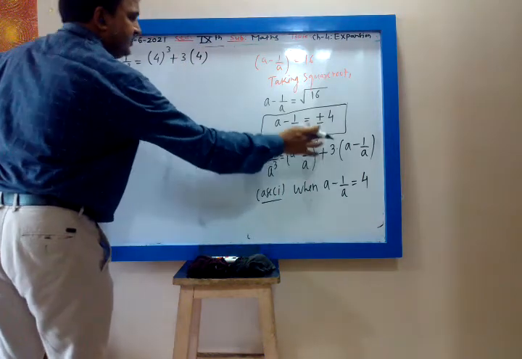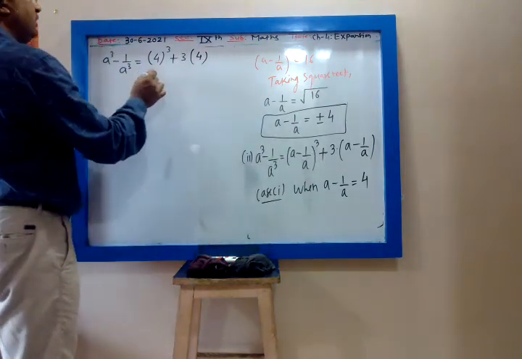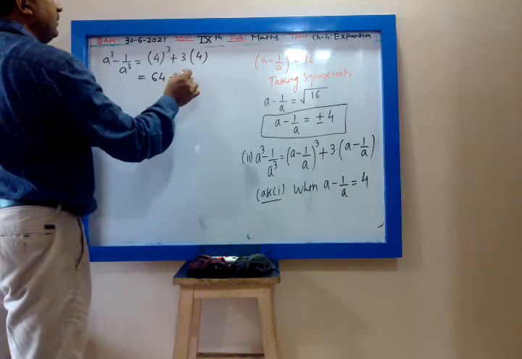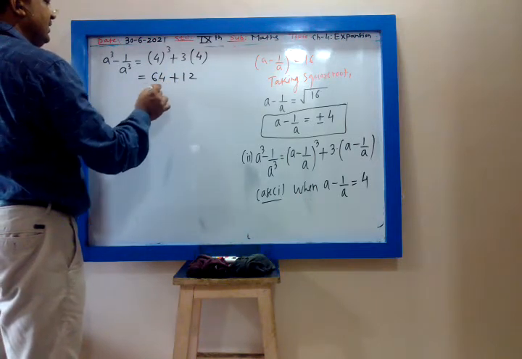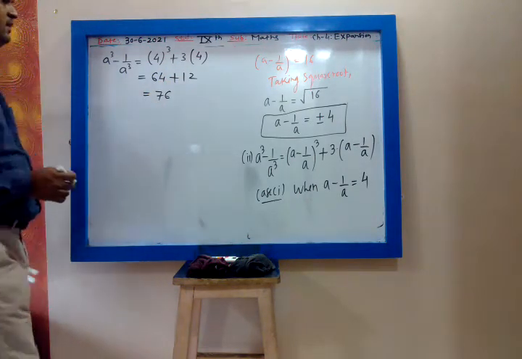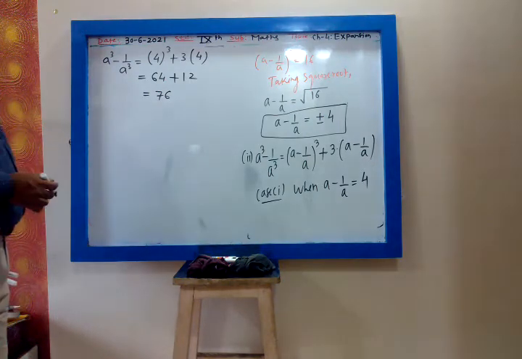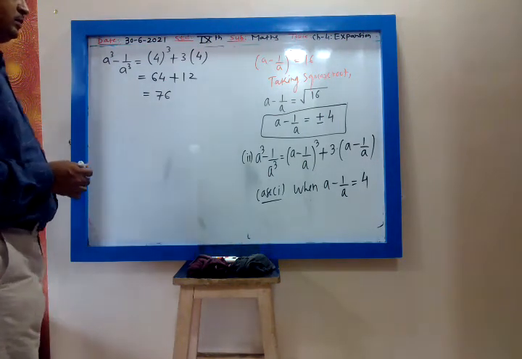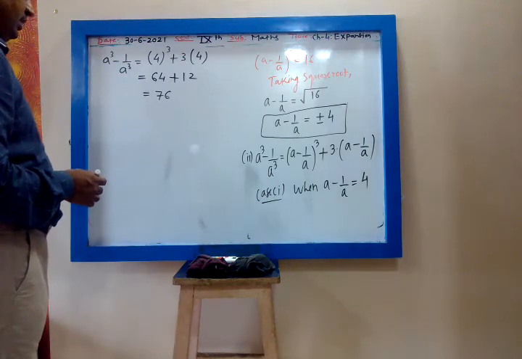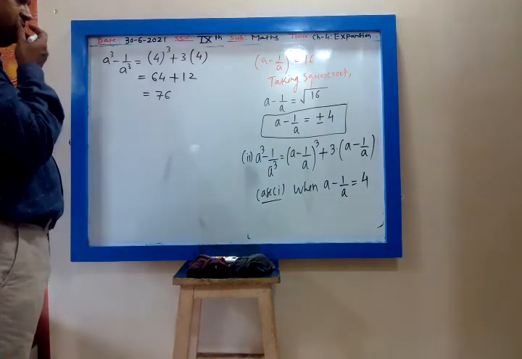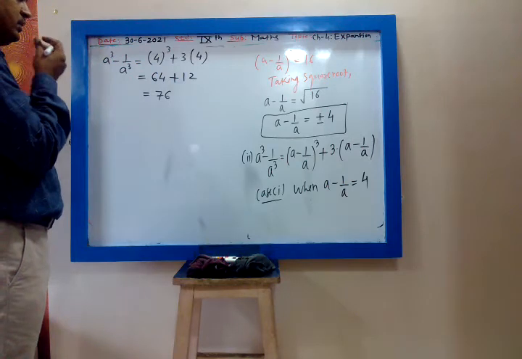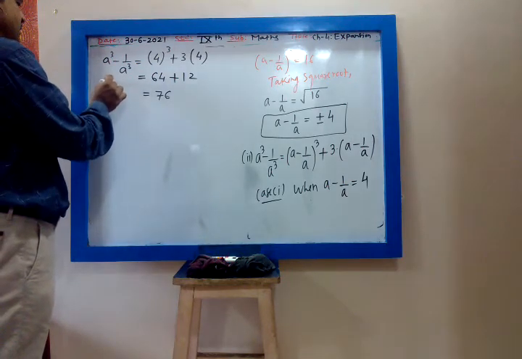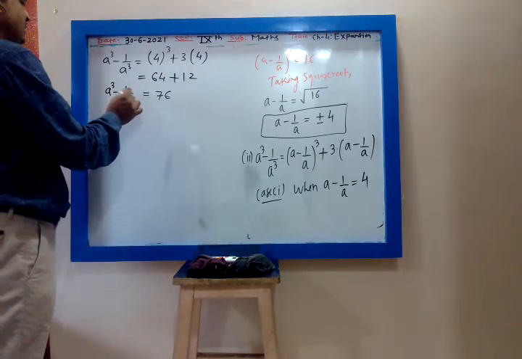It is plus. So 4 cube is 64 plus 12, and that is 76. So a cube minus 1 upon a cube is plus 76.